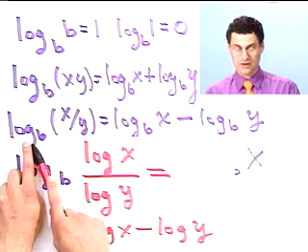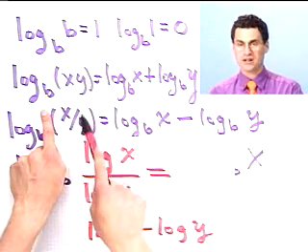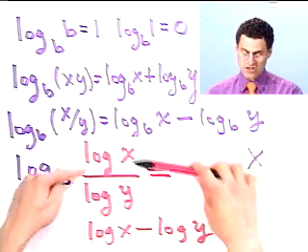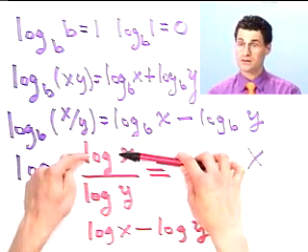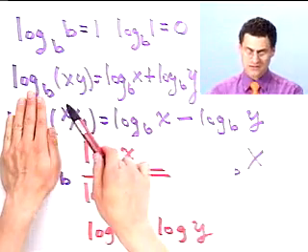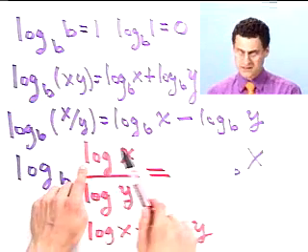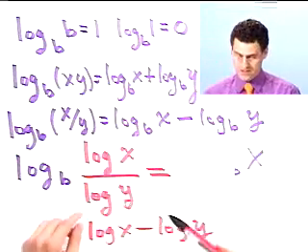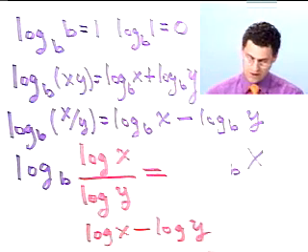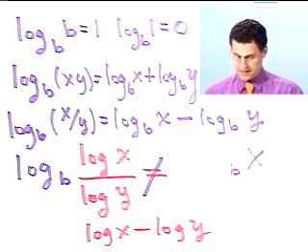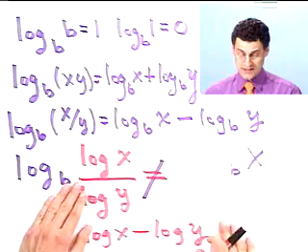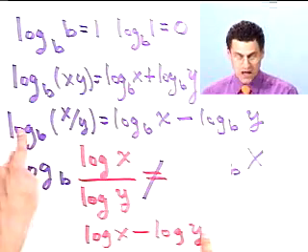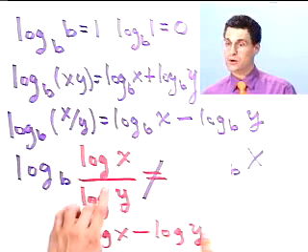Take a look how the formula goes. It's the log of a quotient is the difference of the logs. This is the quotient of two logarithms. You see the difference? This is log of something over something. This is log something divided by log something. Those are two things and they're not the same. So in fact, this formula is blatantly false in general, whereas the actual formula, what this thing actually equals, is precisely the log of the quotient, not a quotient of the logs.